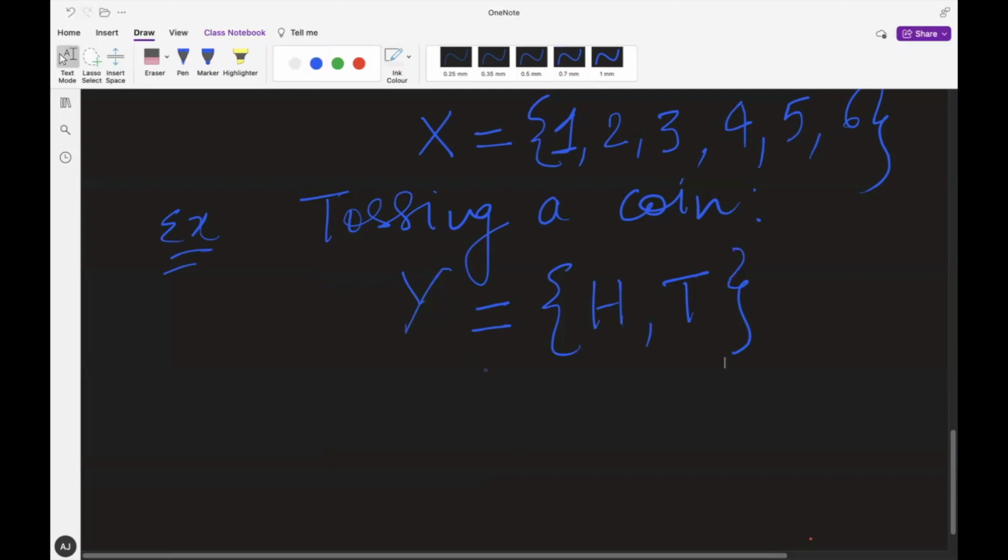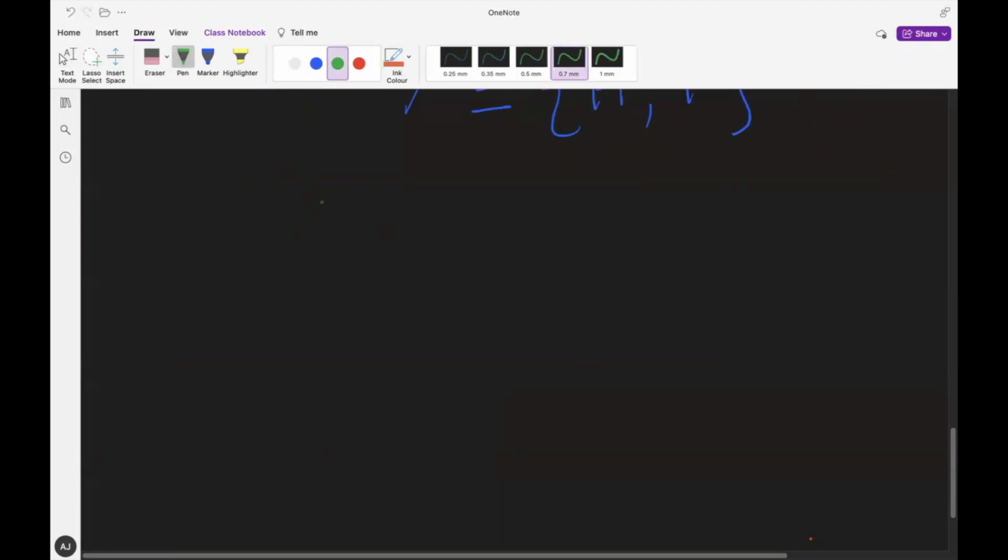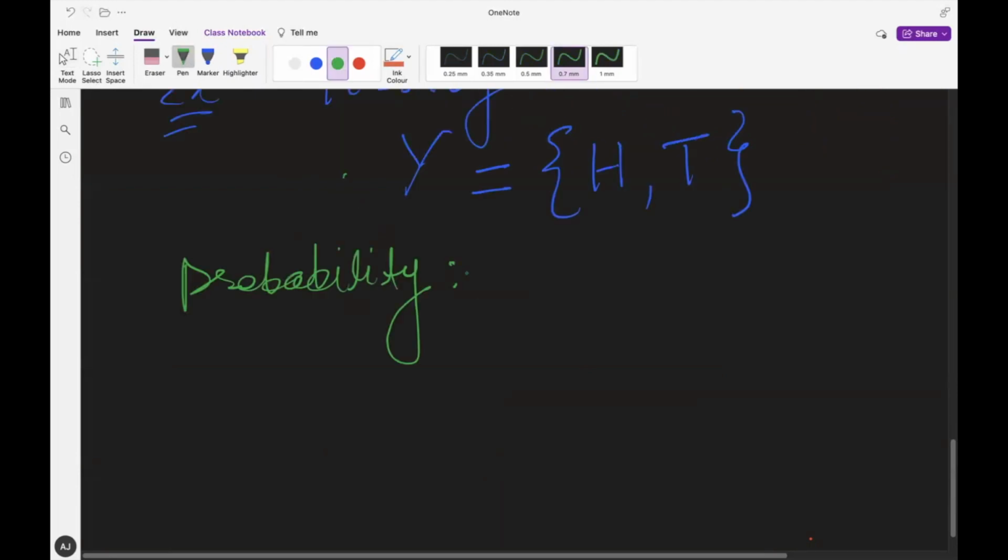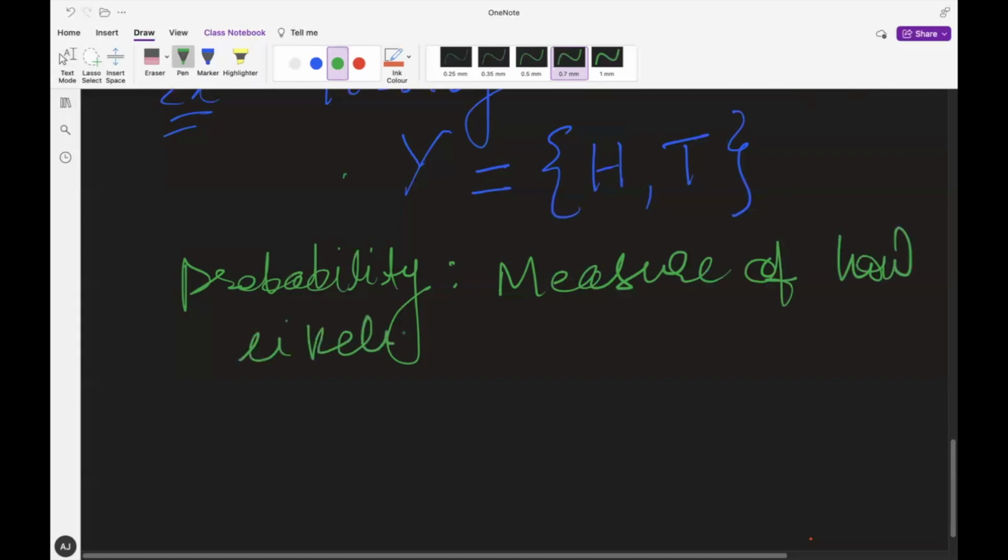Since we have understood what a random variable means, let's also understand some more notations here. Let's understand probability. Probability provides a measure of how likely it is for a specific event to occur.